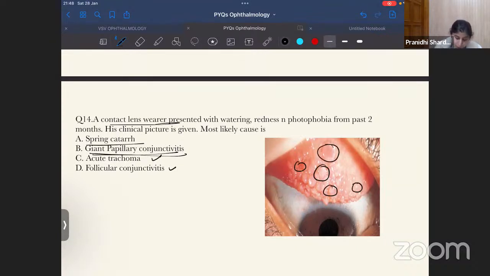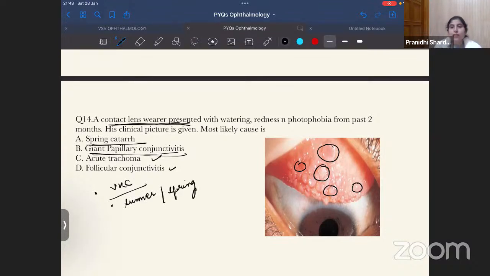You can be confused with spring catarrh because in VKC also we see macropapillae. So just by clinical picture we cannot differentiate between A and B, but with the help of history we can go for GPC.